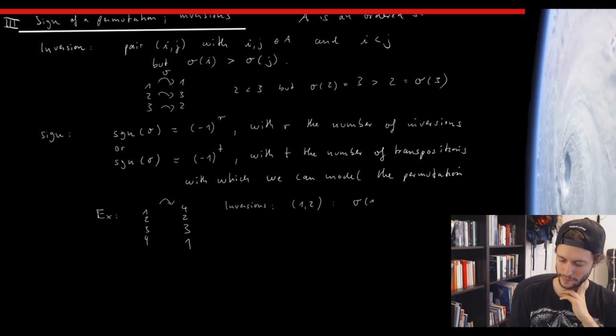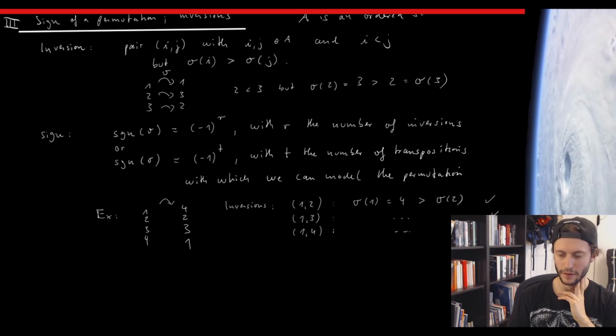But sigma of 1 equals 4, which is greater than sigma of 2. Okay, so that's 1. 1 and 3, same thing. I leave this for you. 1 and 4, also an inversion. So you see the pair of values doesn't have to be next to each other, so to say.